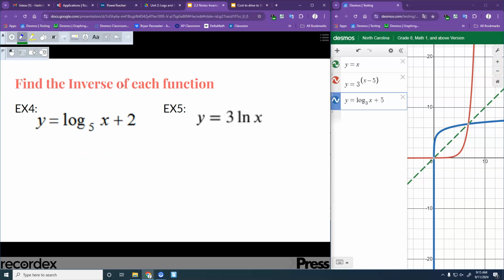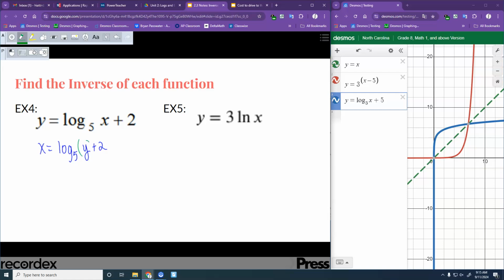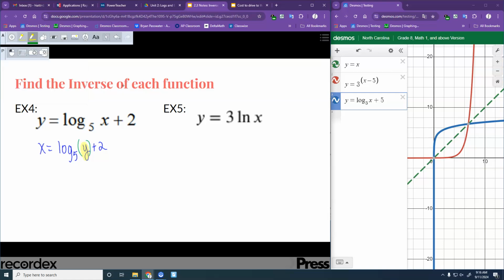For some reason, this thing is not letting me erase. Well, let me just write it correctly. Let's see. x equals log base 5 of y plus 2, and parentheses are just around that y. Right there.